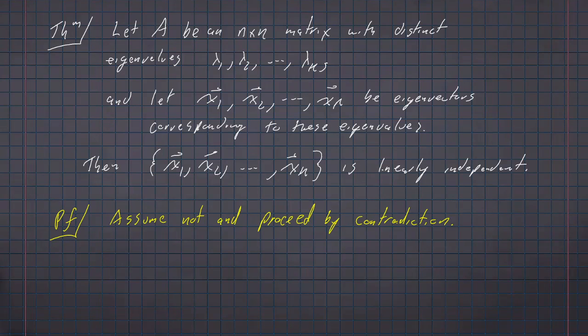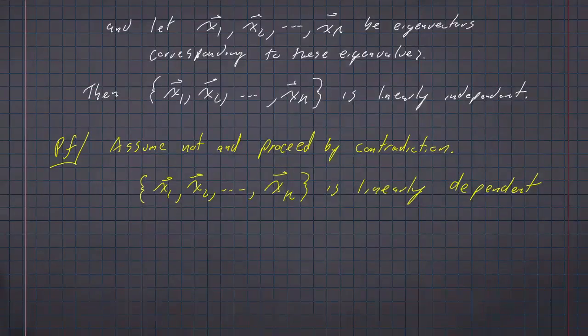I'm going to assume that this theorem is false. That is to say, I'm going to assume that the set x1, x2 through to xk is linearly dependent.